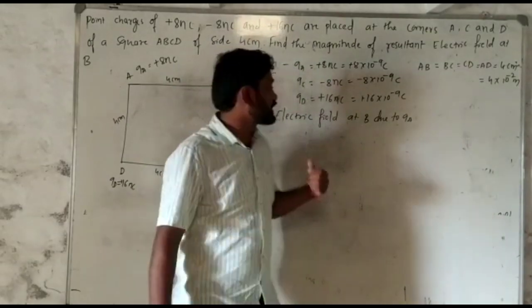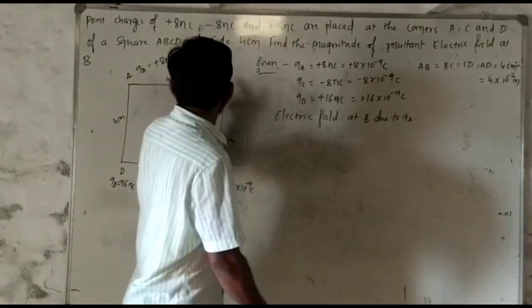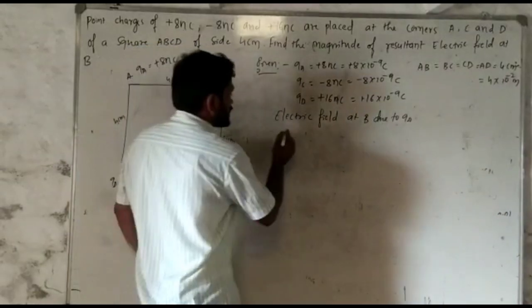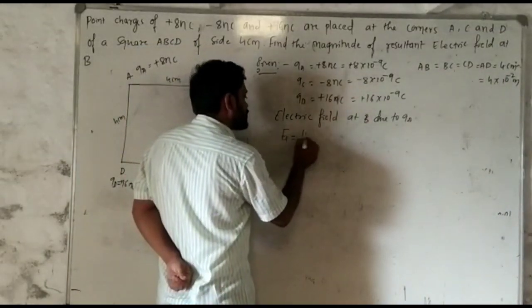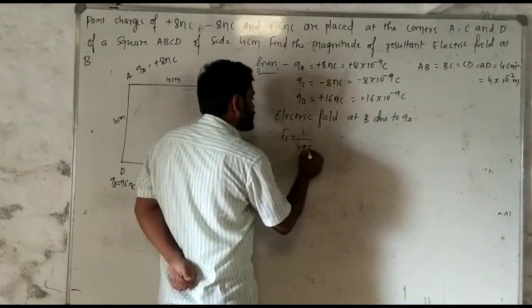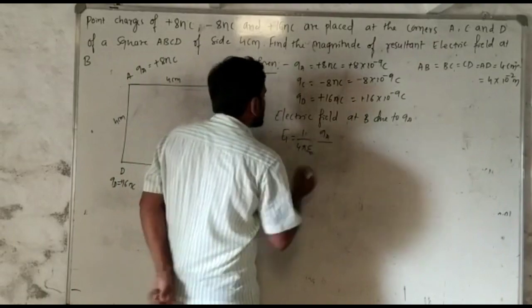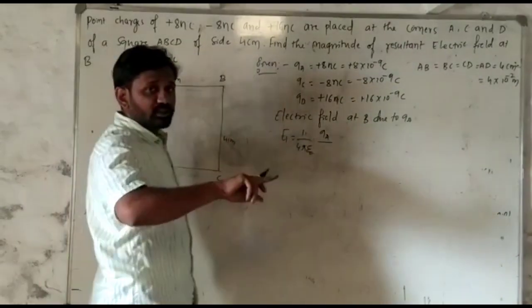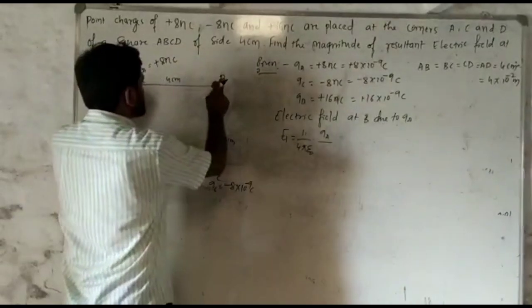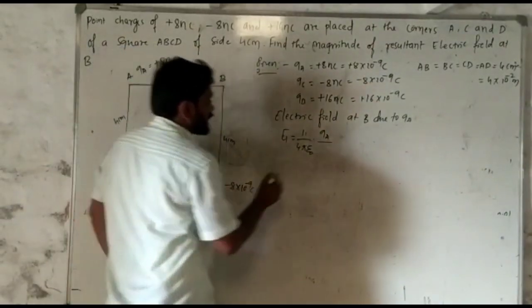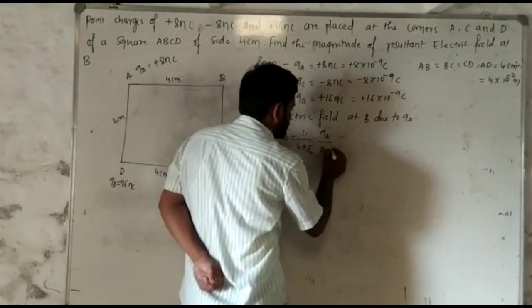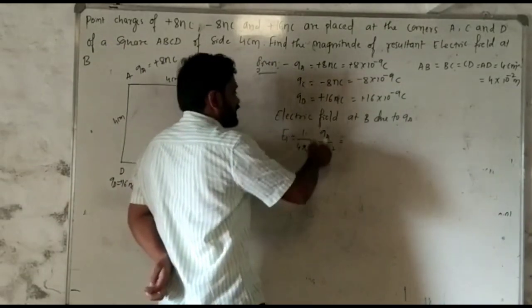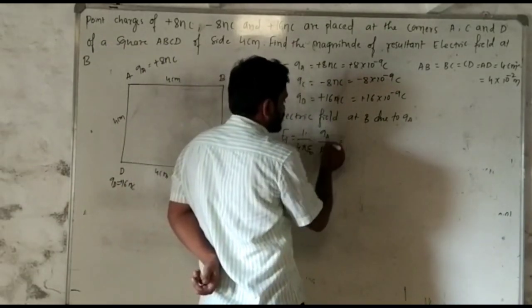By using that formula, we calculate the electric field at B due to QA. See, E1 is equal to 1 upon 4 pi epsilon naught QA divided by R square, where R is the distance between the point and charge. Here the distance is AB.